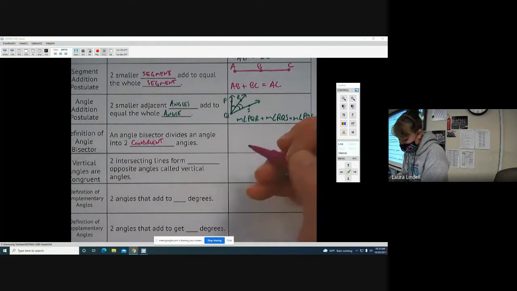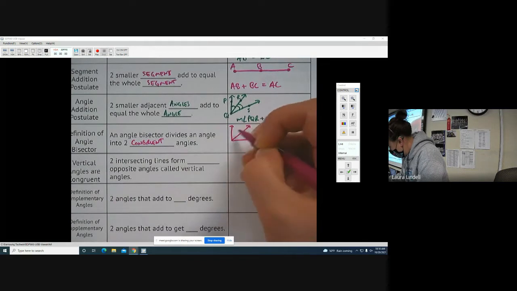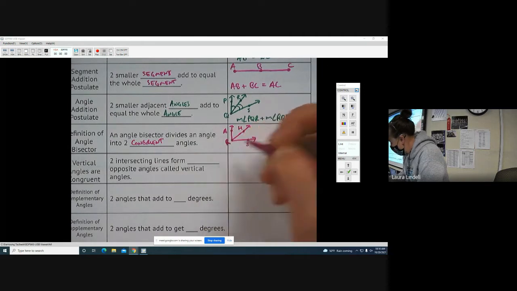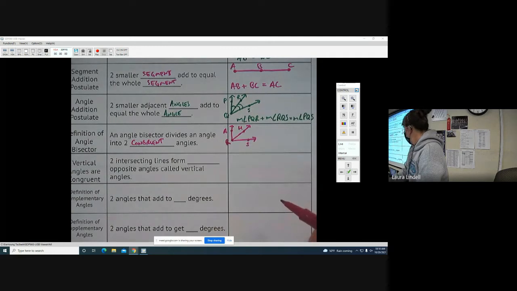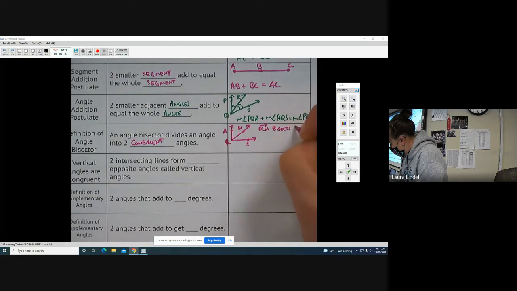So if we've got a picture like this, and let's see, A, R, H, S. And we are told something like ray RH bisects angle ARS.